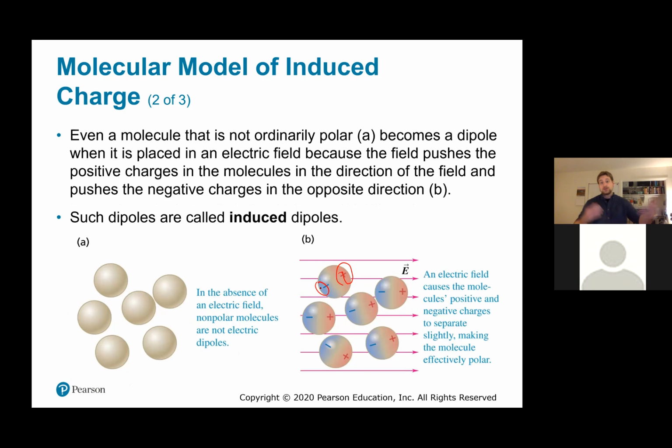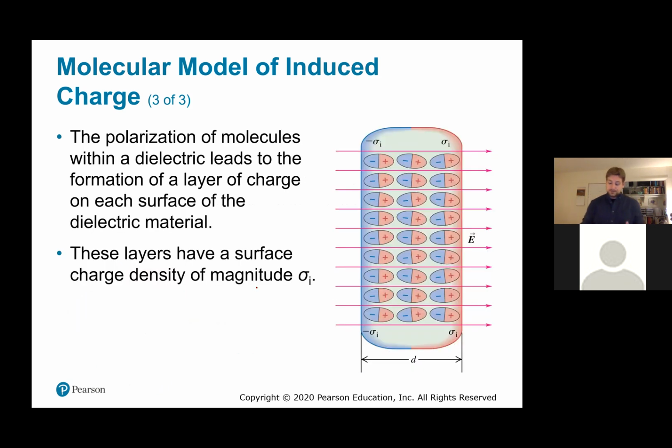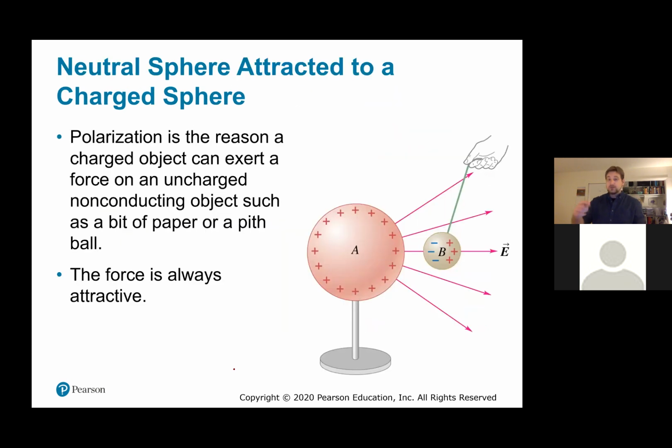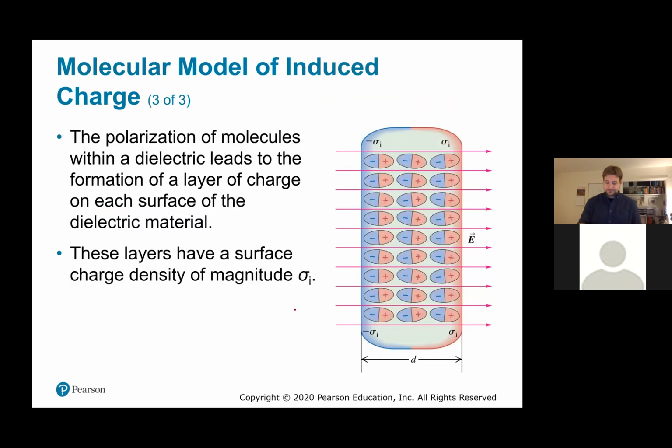So whether they're polar or not, we're still going to get some alignment, and this is related to the same idea that a neutral object is attracted to a charged one because we're inducing some charge. So whether the molecules are polar or not, we're inducing some alignment, and we'll call this polarization.